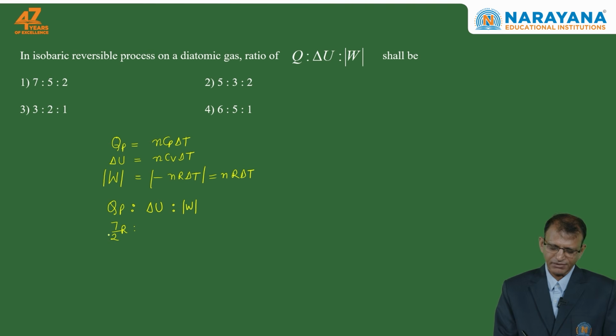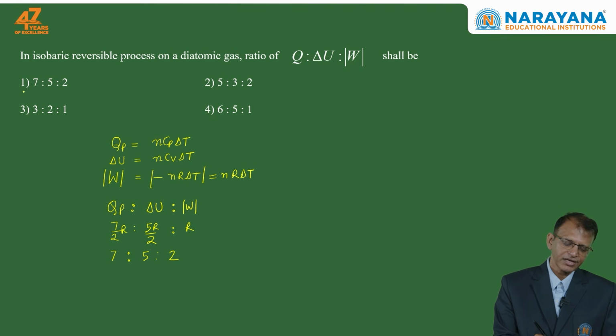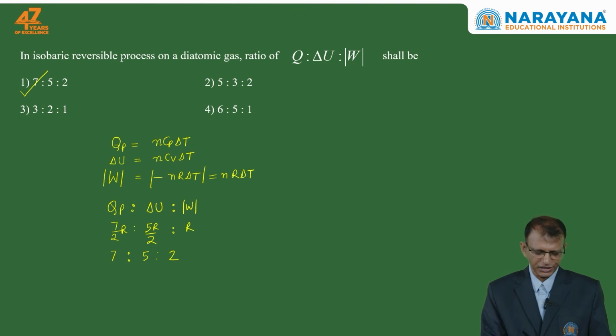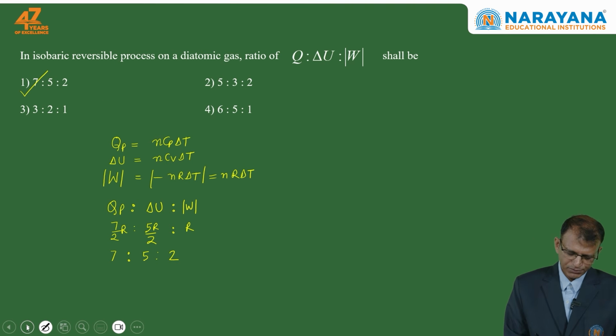Putting the value of Cv for a diatomic gas, 5R by 2, and for work done this R will be there, so R will cancel out. On simplification we can write that it is 7 is to 5 is to 2. So again here we are getting one option as the answer for this very simple question on thermodynamics. Moving to the next problem.